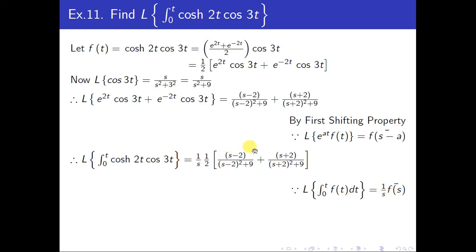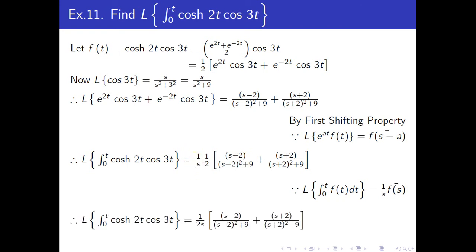Hence this term will be as it is, only 1 by s will be prefixed. Hence Laplace transform of integration from 0 to t of hyperbolic cos of 2t into cos of 3t is equal to 1 upon 2s times s minus 2 upon s minus 2 the whole square plus 9 plus s plus 2 upon s plus 2 the whole square plus 9.